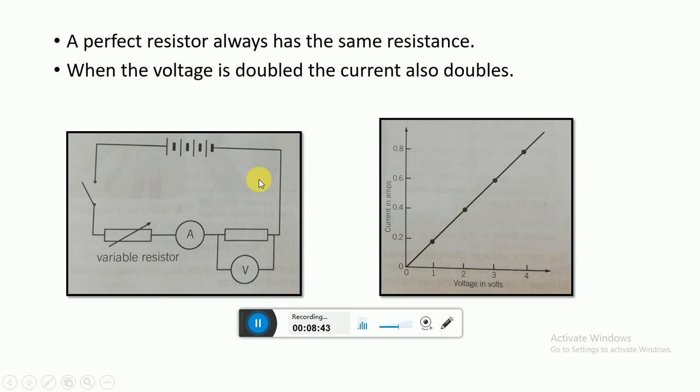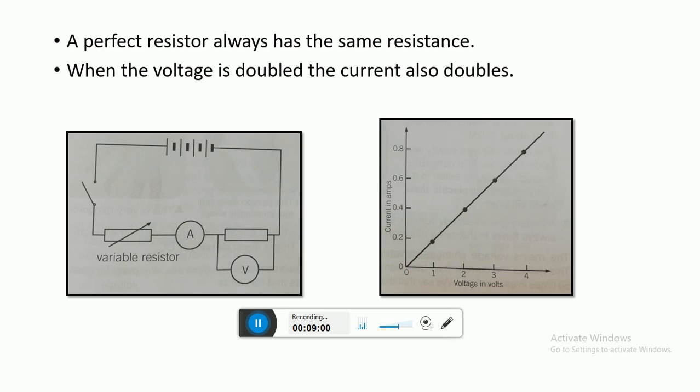And look at these two figures. When voltage is doubled, the current is also doubled. So voltage and current are directly proportional to each other.